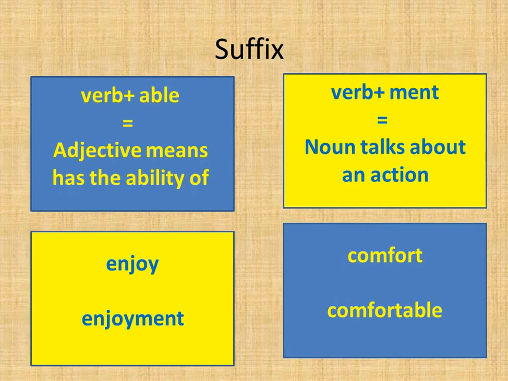Okay, sometimes we use verb plus ment, M-E-N-T, and this verb turns to be a noun and talks about an action. It's not a verb, no, it's a noun. Enjoy, you say enjoyment. If we add M-E-N-T, it is enjoyment.